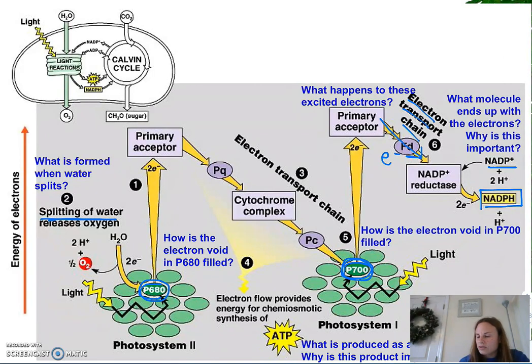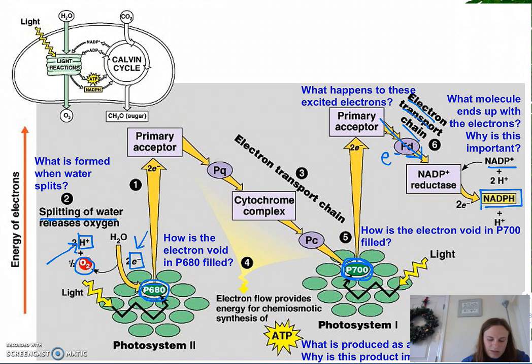Right, so how is the electron void in P680 filled? Because of the splitting of water. Now, what's formed when the water splits is going to be oxygen as well as a hydrogen, which consists of a proton and an electron. That proton is going to be used to set up a proton gradient.